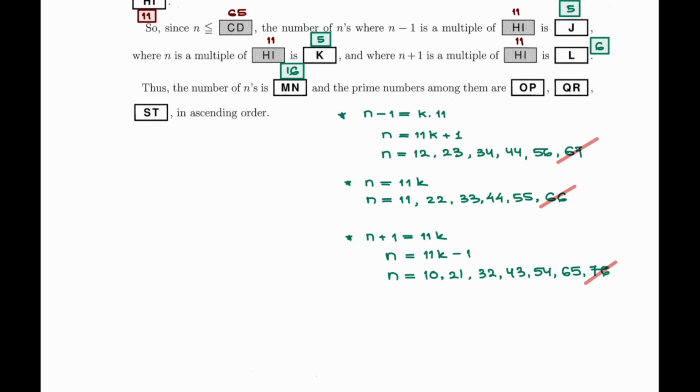As you can see, I have 23, and then I have 11 here, and then I have 43. These are all the prime numbers among the possible values for n. If I write them in ascending order, then my answer is 11 for OP, and then 23 for QR, and then the last one is 43.